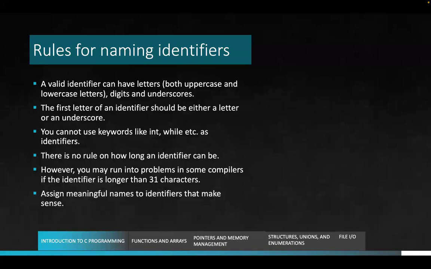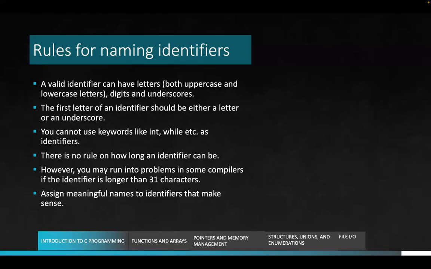You cannot use keywords like int, while, do while. These are keywords, right? Auto, const, as variable names. Because these particular keywords are already defined and already used in standard libraries. They have their own specific job to do. That is the reason you should not name variables with keywords like this. There is no rule on how long an identifier can be.